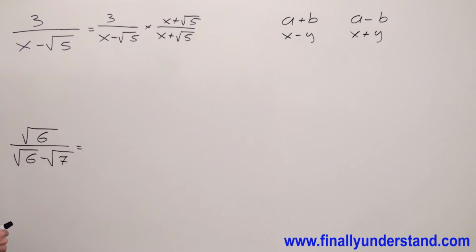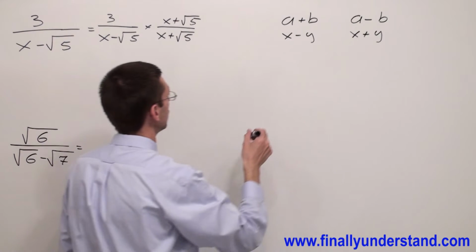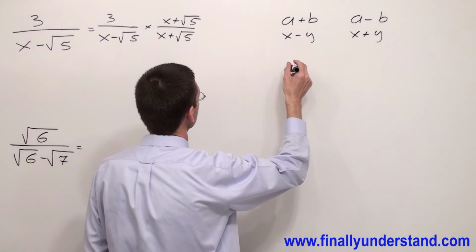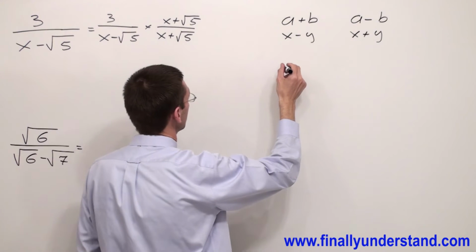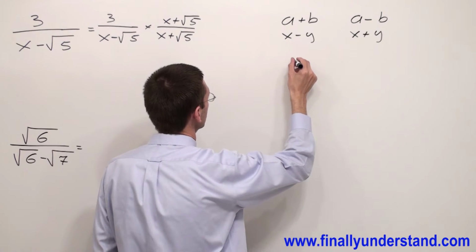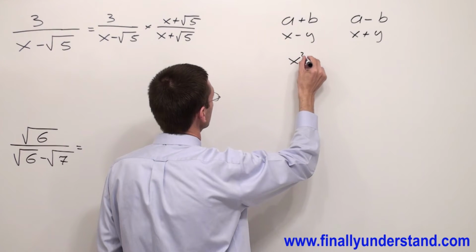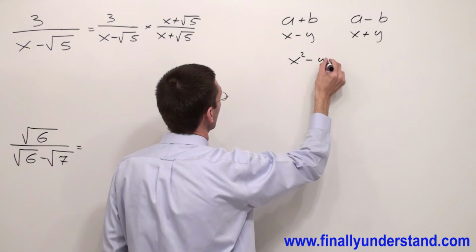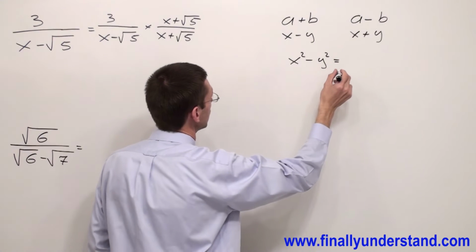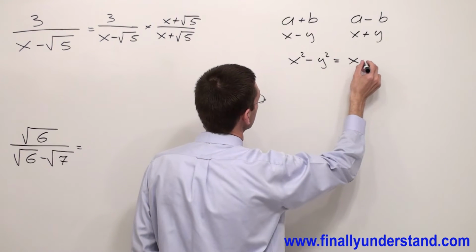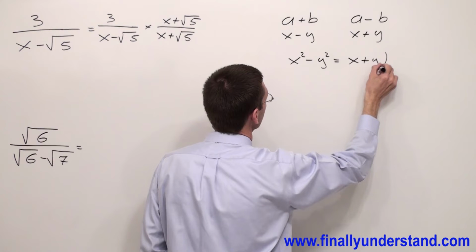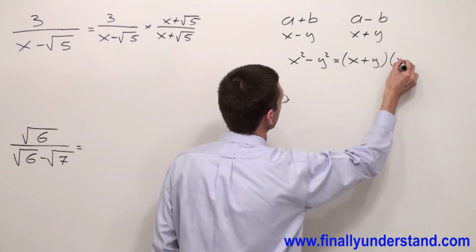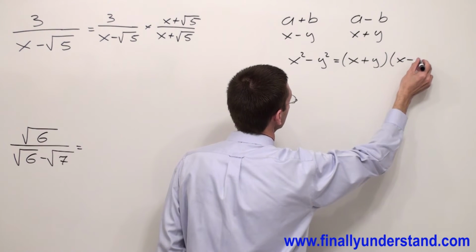You're supposed to remember the formula for the difference of perfect squares, which says x squared minus y squared is equal to x plus y times x minus y.